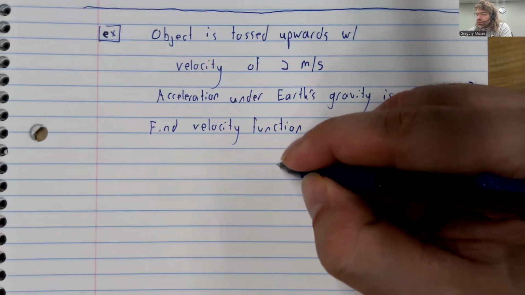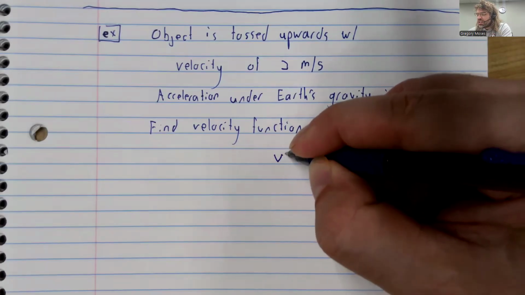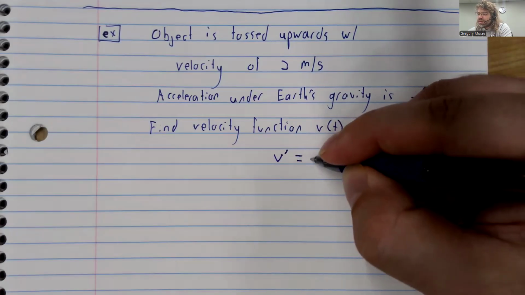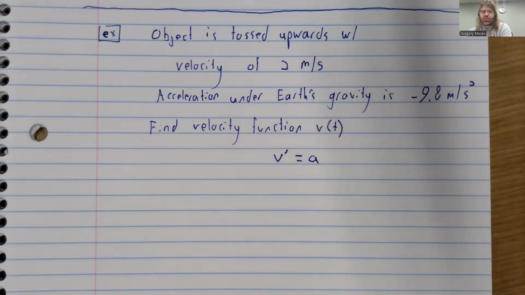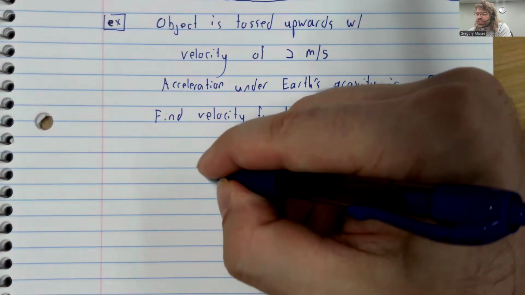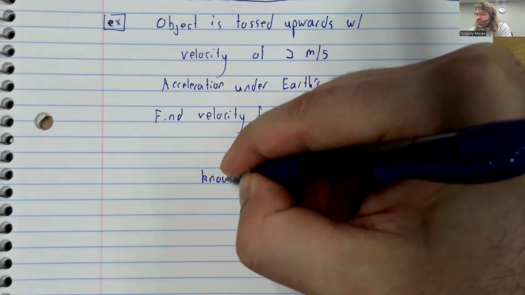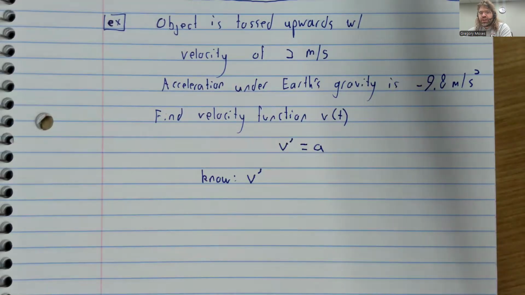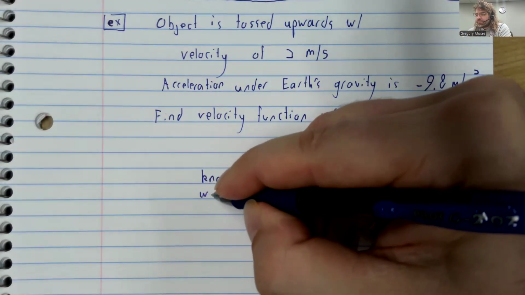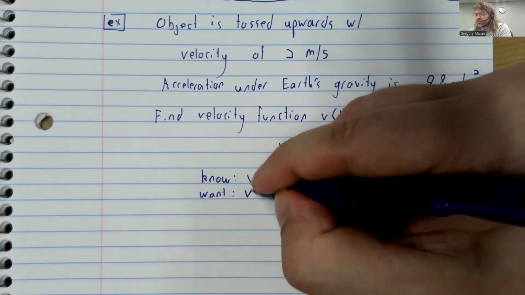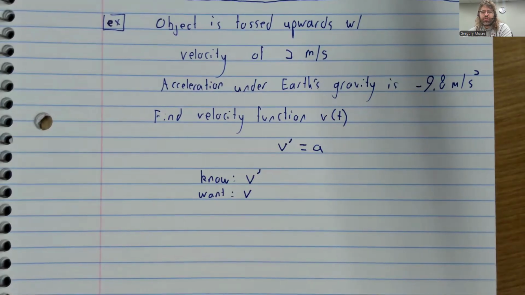Assuming we know that the derivative of the velocity is the acceleration, we can see that we're in this situation where we know a derivative and want the original function.